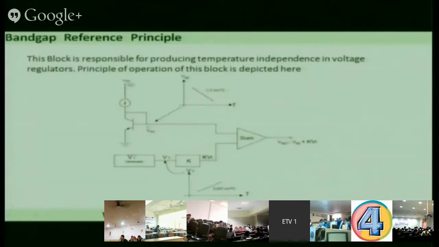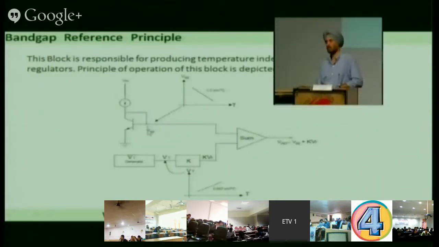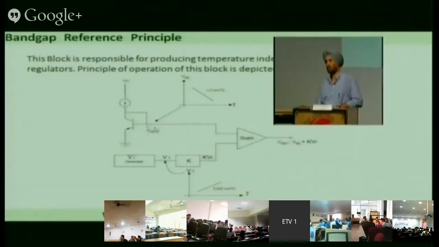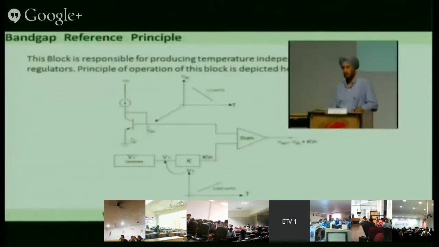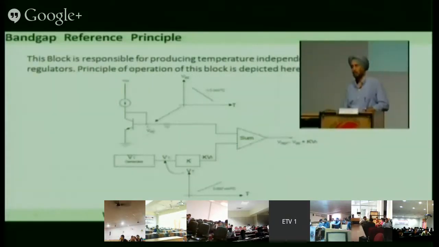There is a VDD here, and you bias this transistor with this current source. At this point, this is the base to emitter voltage. As you know, the base to emitter voltage, VBE, falls with temperature.